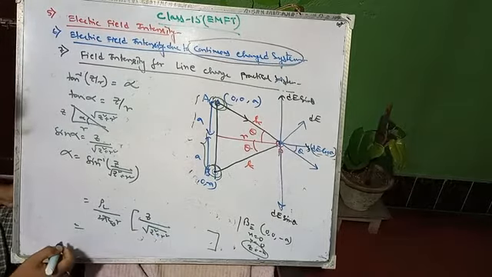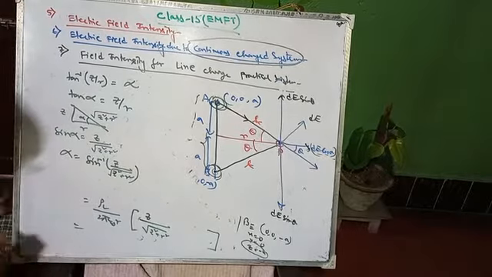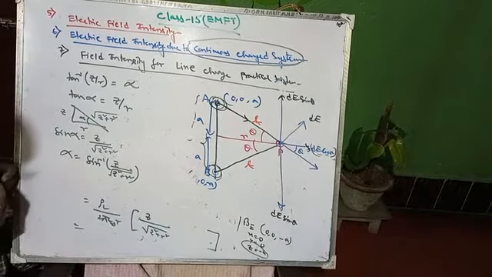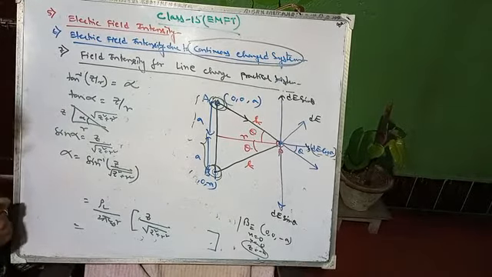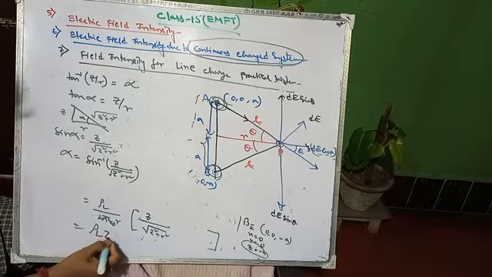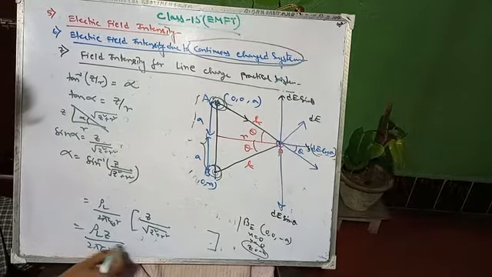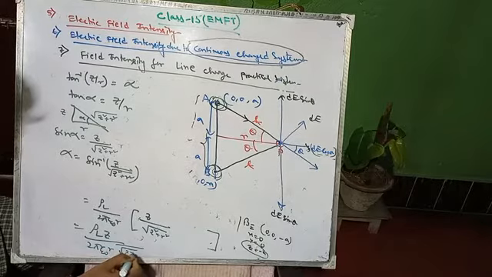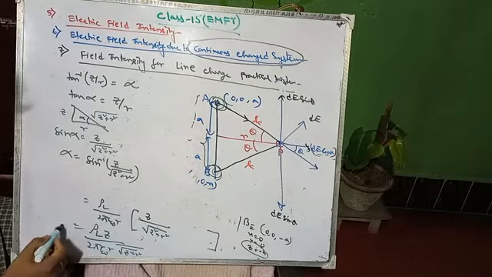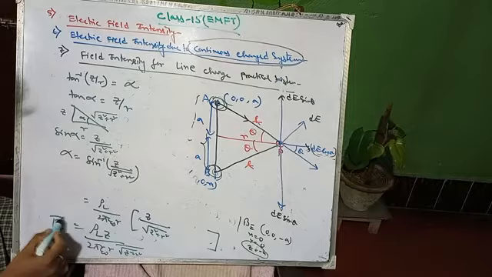Okay, so your result will be rho L into z by 2 pi epsilon naught into r root over z square plus r square. Okay, so this is your intensity at point P.